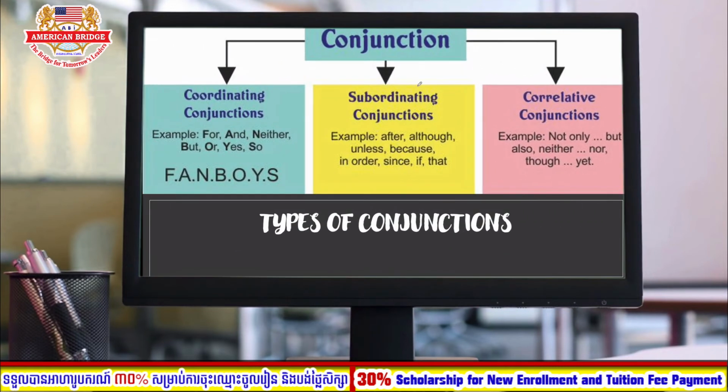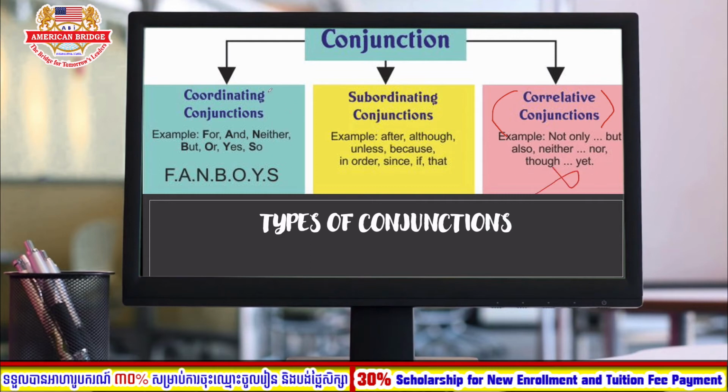So let's move on to the conjunctions. When we talk about conjunctions, there are 3 main types of conjunction. We talk about coordinating conjunctions, subordinating conjunctions, and correlative conjunctions. But this third type of conjunction we are not going to talk about in this video.